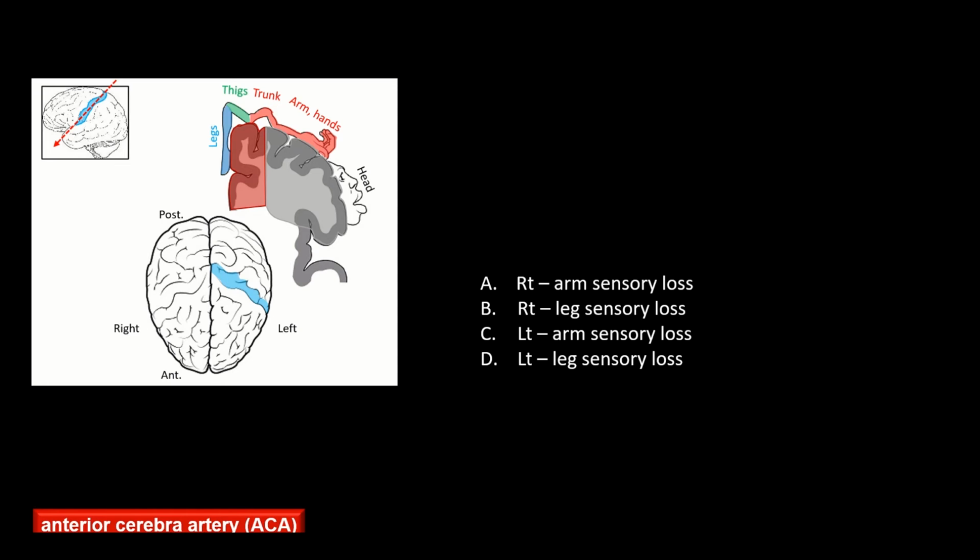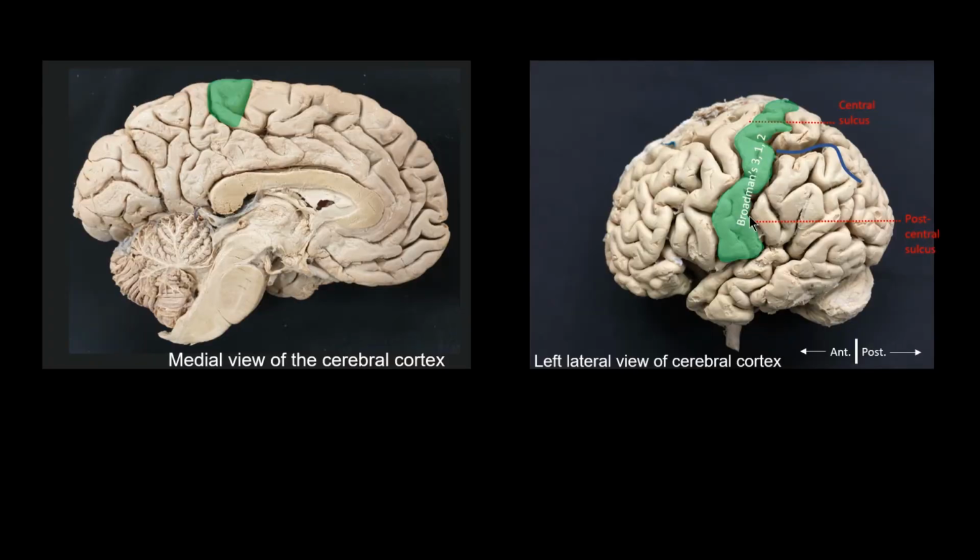Now, although we're talking about the primary sensory area, the primary sensory area also has a role in motor control as well. For example, the anterior part of the postcentral gyrus, which is situated inside the central sulcus, receives a large number of afferent fibers from the muscle spindles, tendon organs, and joint receptors.